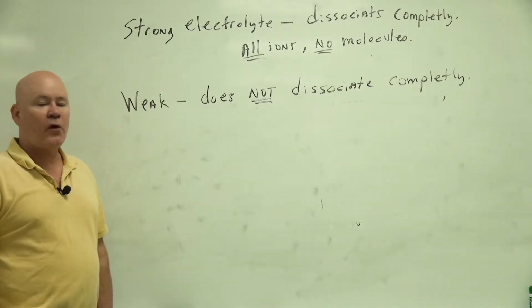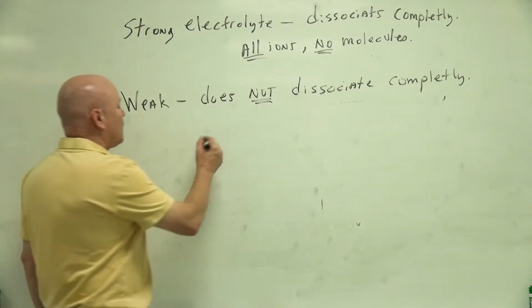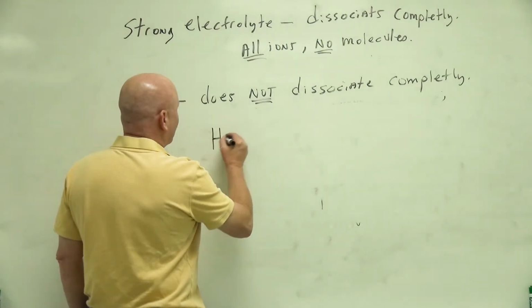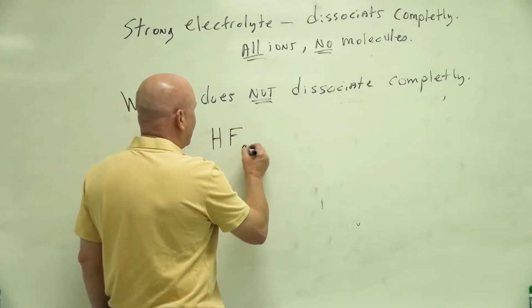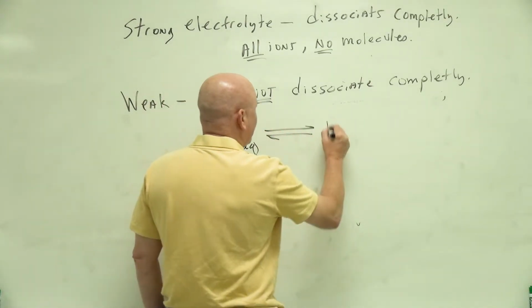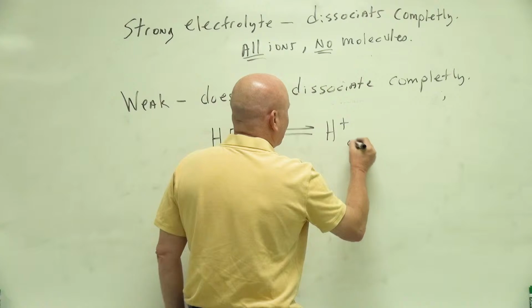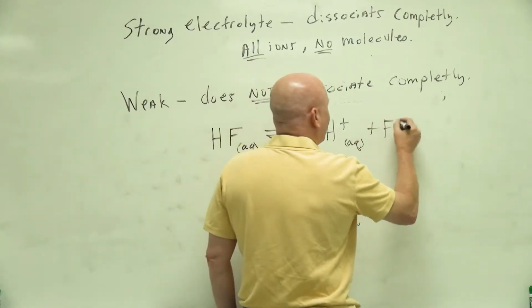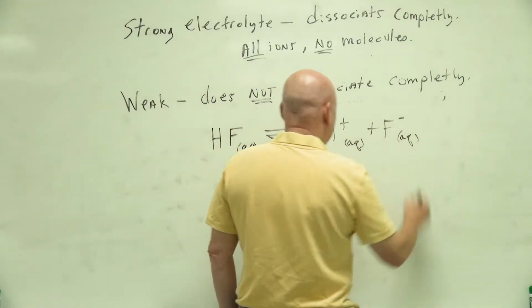And the way we're going to draw a weak electrolyte might be something like this, where say we have hydrofluoric acid, aqueous, say it's already in water, and that goes to H plus aqueous plus F minus aqueous.